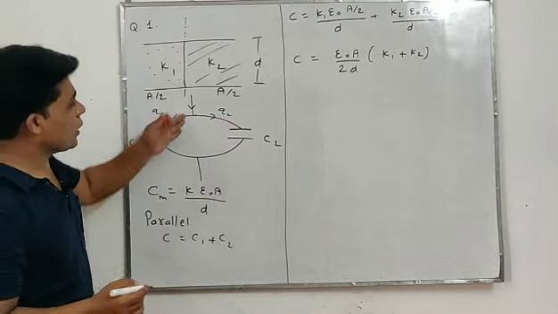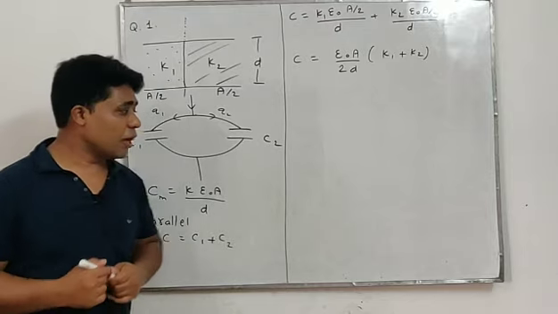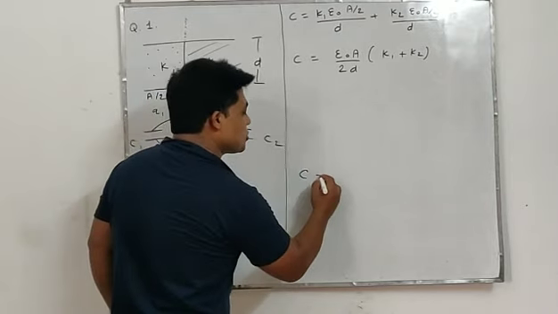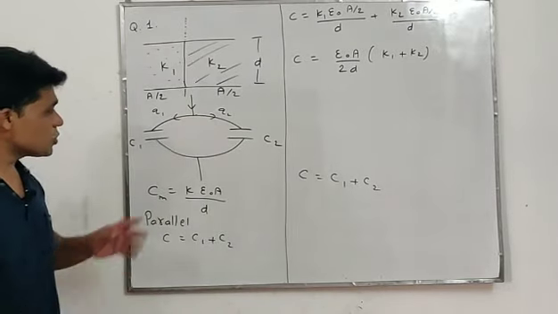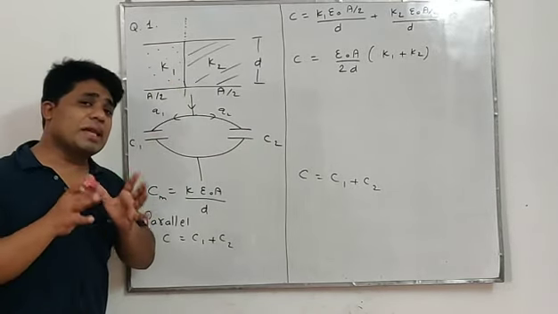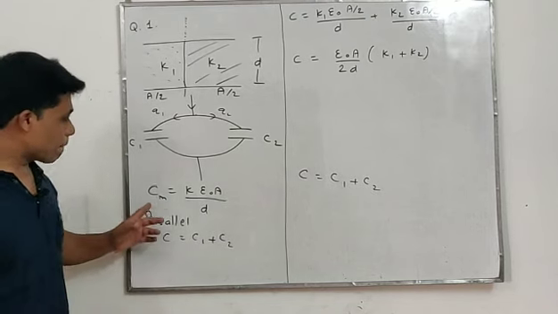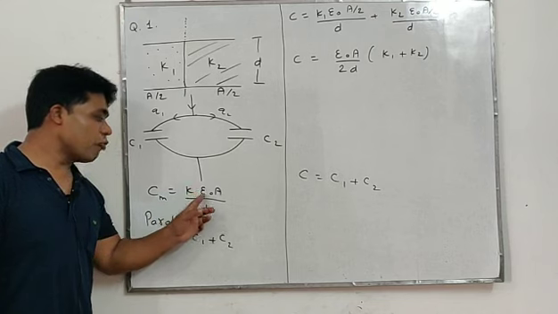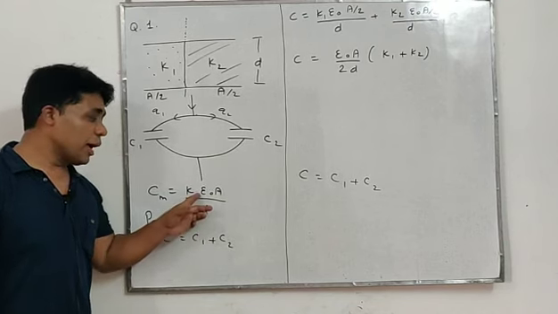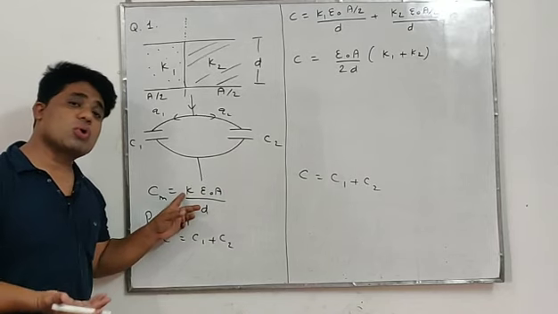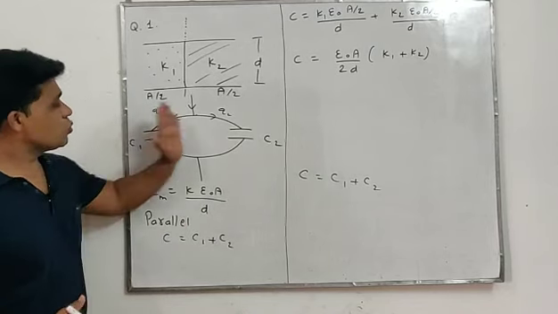We know the equivalent capacitance in parallel combination is C1 plus C2. When a dielectric medium is there, the capacitance is K epsilon naught A by D, where A is the area, D is the separation between the plates, epsilon naught is permittivity, and K is called dielectric constant.